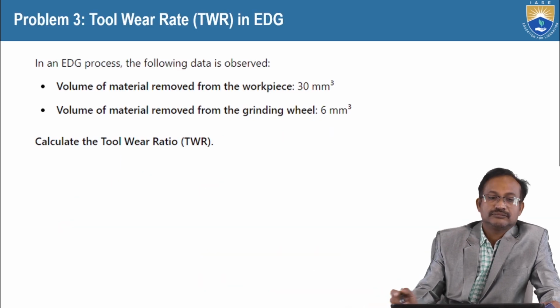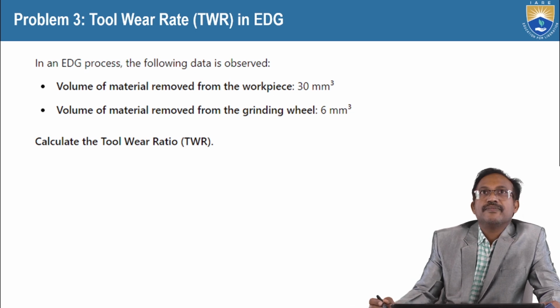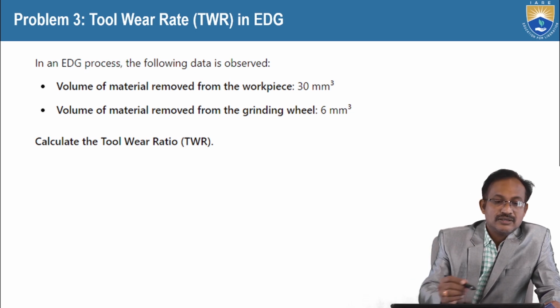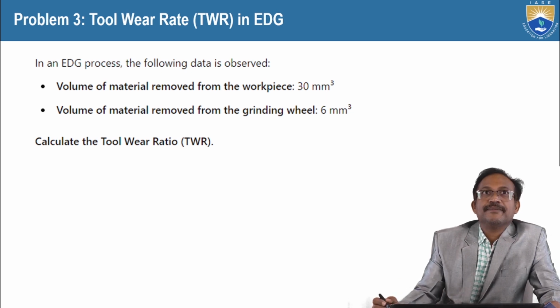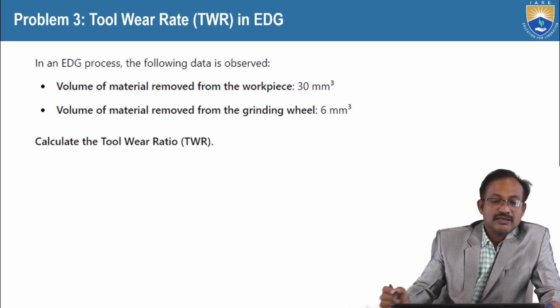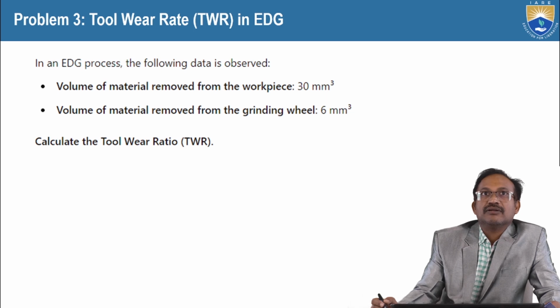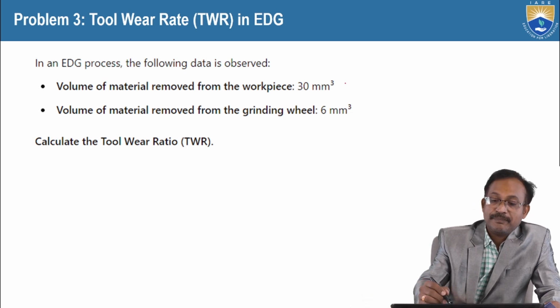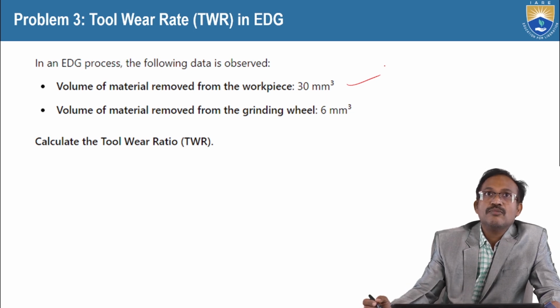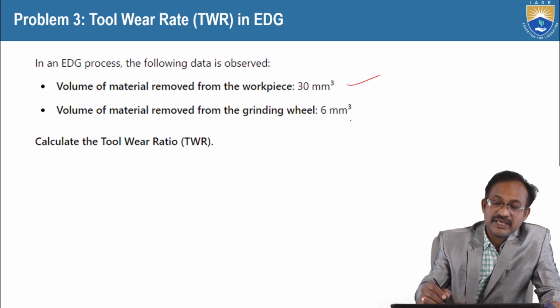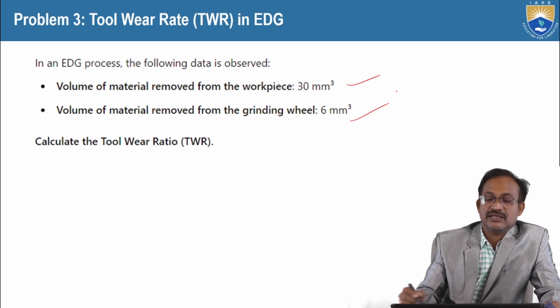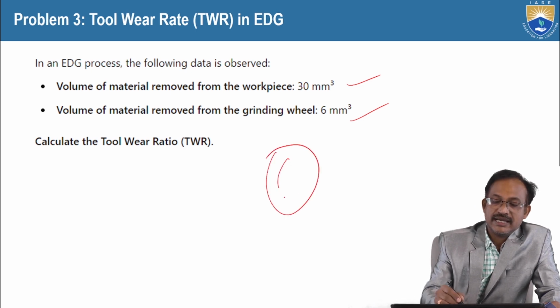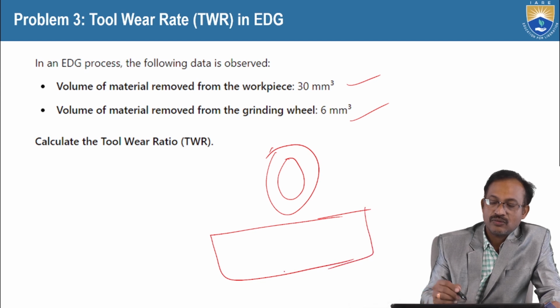Now, tool wear rate in EDG. In problem 3, the following data is given: the volume of material removed from the workpiece and the volume of material removed from the grinding wheel. Here is the grinding wheel and this is the workpiece.